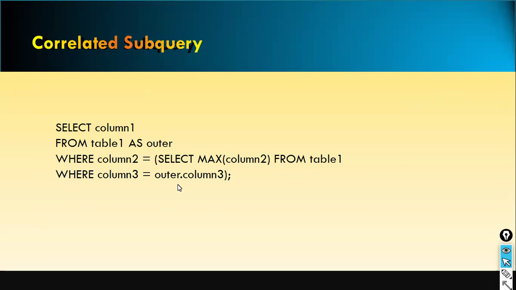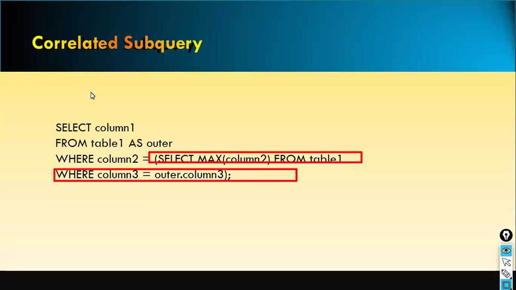So in that case, this subquery is completely dependent on your outer query, because here, if you see, this outer is the one you are using here. Ideally this is column 1. I just make it 1 here, not 3.